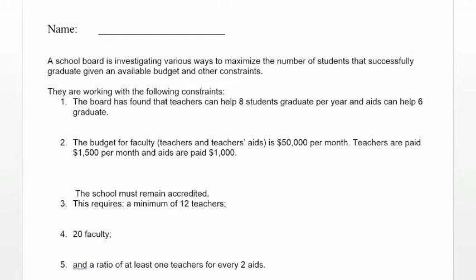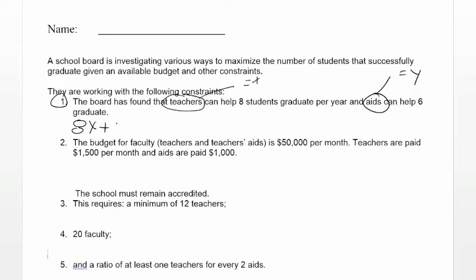So let's call teachers X and aides Y, and then try to determine what the maximum amount of graduates we can get with that constraint.